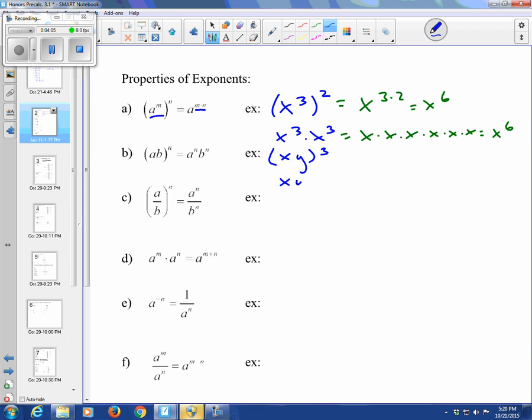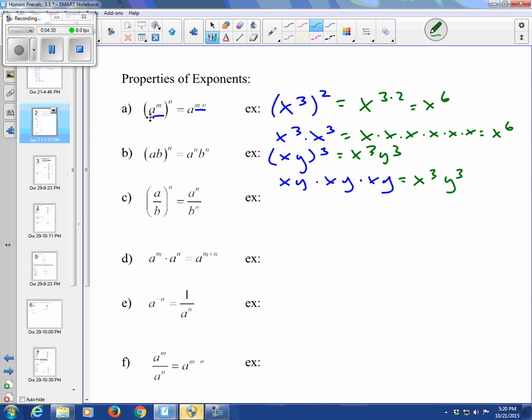So xy times xy times xy. The relationship between x and y is multiplication, and since multiplication is commutative, we can rearrange this to a multiplication of 3 x's, or x cubed, and a multiplication of 3 y's, or y cubed. So that would basically be the distribution of the cube to both things that we're multiplying, x cubed and y cubed.